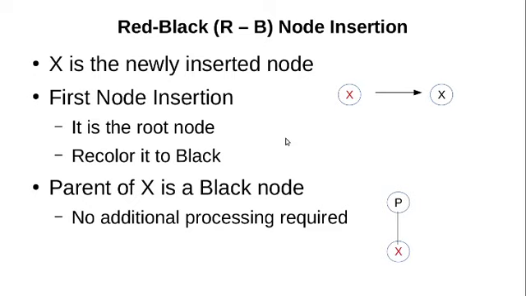It is the root node. As root is required to be black, we recolor X to black. Now we consider the case when the parent of X is black. In this case, no red-black property is violated, so no further processing is required.